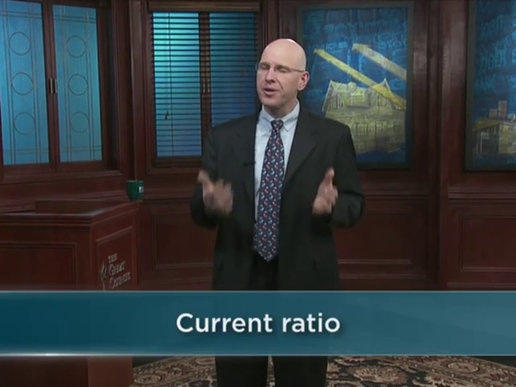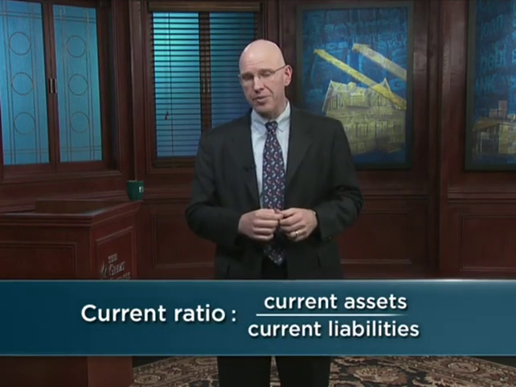Each ratio we'll learn about represents an entire category of ratios that are designed to measure some crucial aspect of a company's financial performance. The first category of financial ratios we'll look at are called liquidity ratios. Liquidity ratios measure whether a company has enough money to pay all the bills coming due. A standard liquidity ratio is the current ratio, which is defined as current assets over current liabilities.